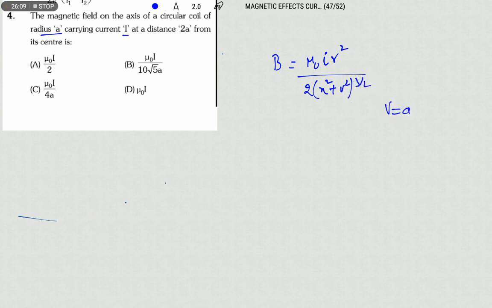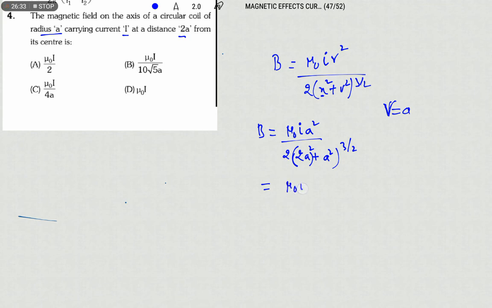Radius is given as A. Therefore B is equal to mu naught I A square by 2 times of x value. Now the distance is 2A, so (2A) whole square plus A square, where the radius r is equal to A.